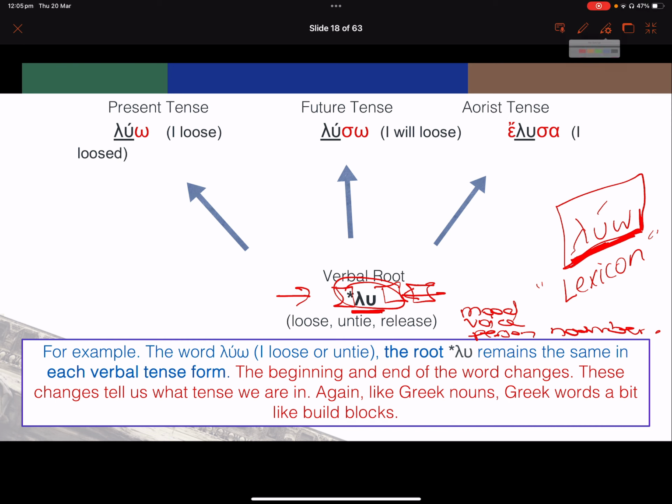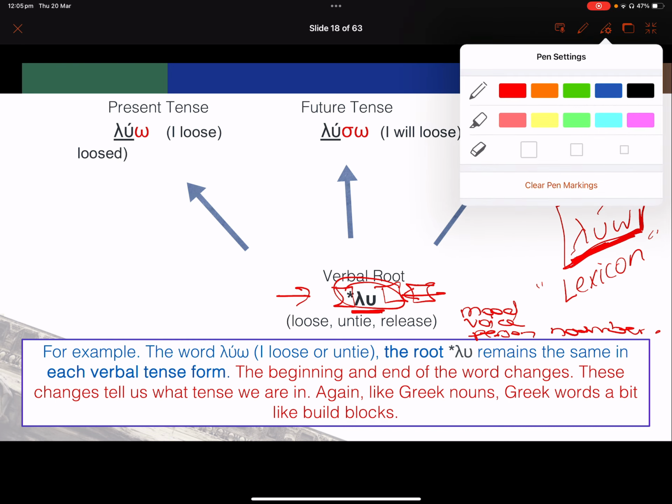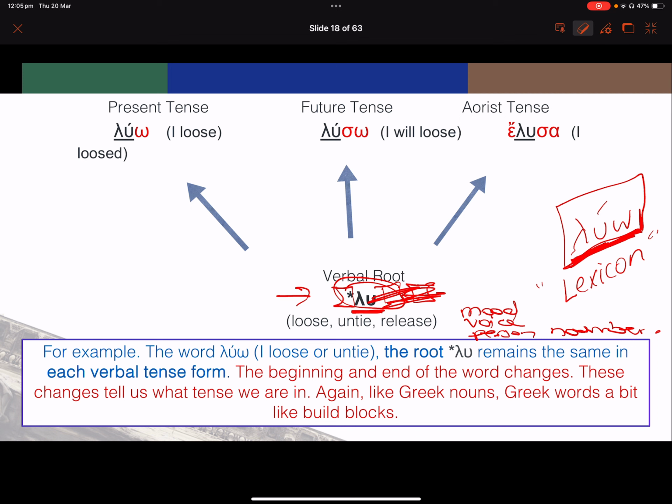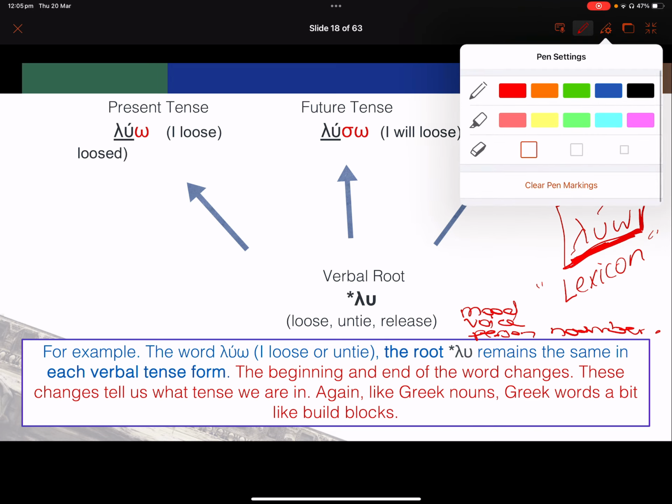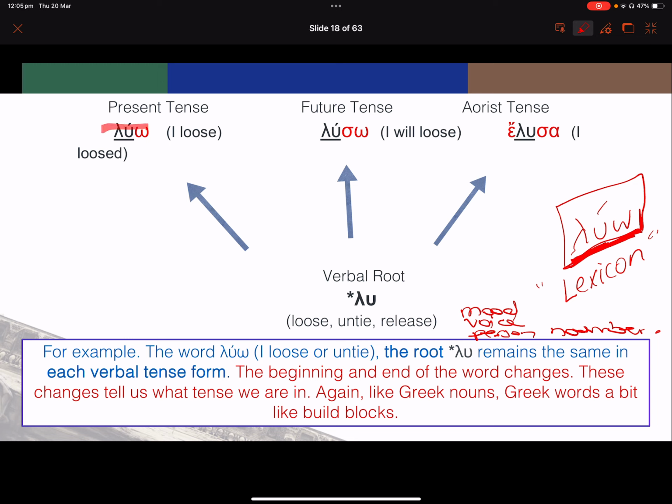So here is an example up the top. I've got the word luo. Luo is the form that we find, as I said, in our lexicon.